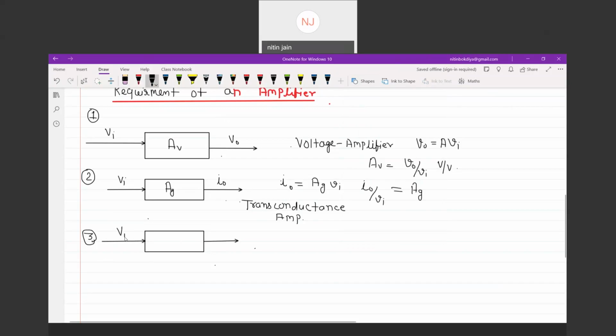Let's say the input is now current and the output is current. This is AI, which is Iout by Iin. This is a current amplifier.